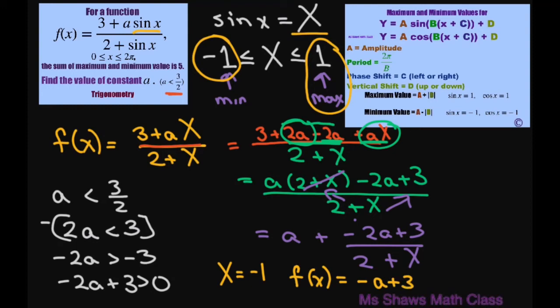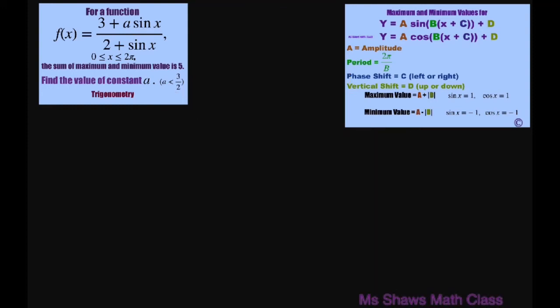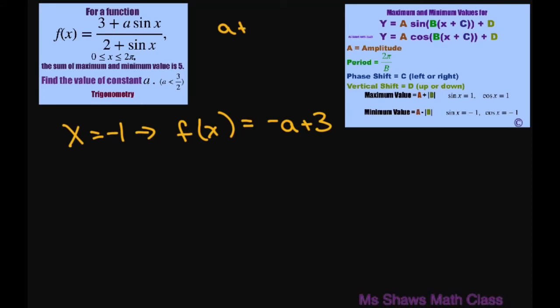I wish I didn't have to write this, but okay, so when X equals negative 1, we're going to have f of x equals negative a plus 3. All right, because we have f of x is a plus negative 2a plus 3 divided by 2 plus big X. So I just substituted in the negative 1, and this is what we get.